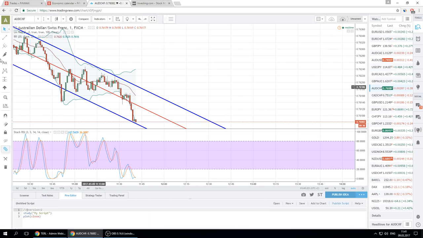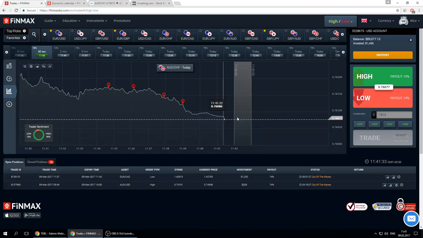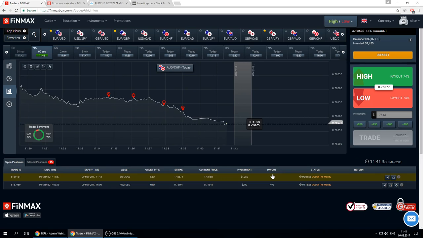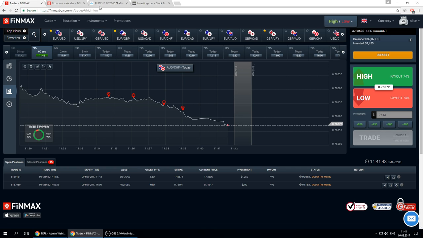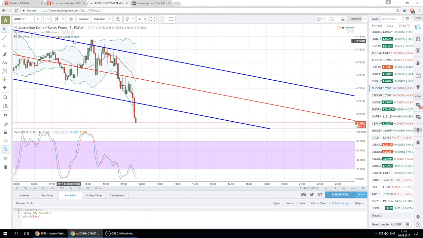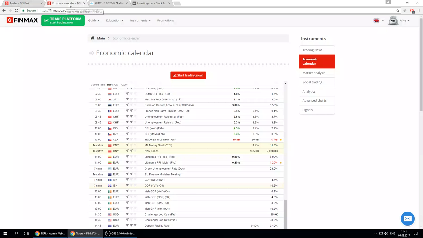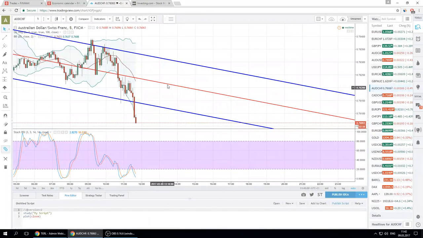We need to wait for a better signal, because right now, and on the 5 minutes the same situation, you see that it's falling and falling. So let's wait for a better entrance point.